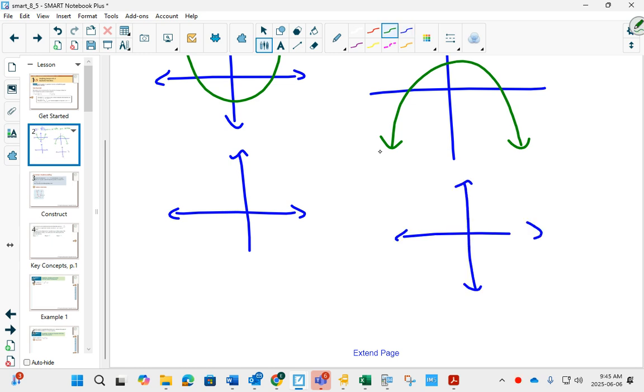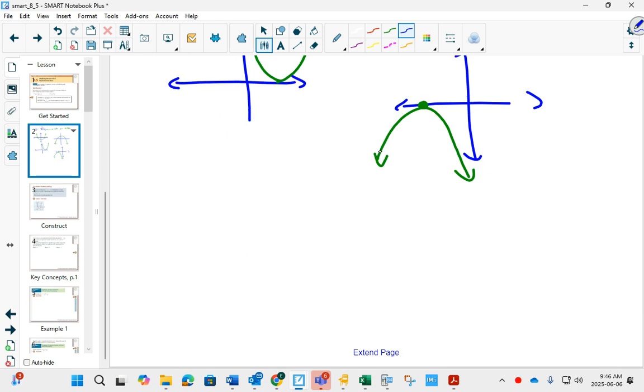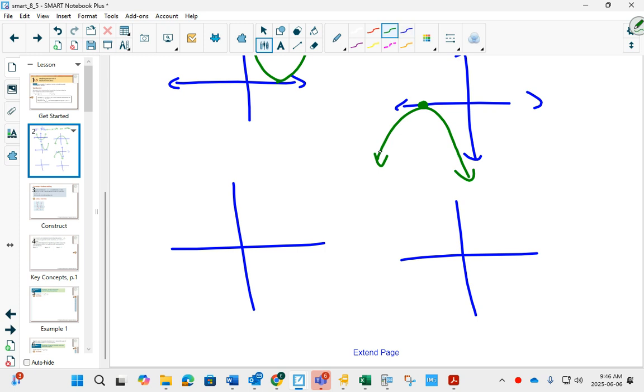Does it make sense that your parabola would have to have its vertex on the x-axis to only have 1 x-intercept, and then you would have only 1 non-permissible value. And it could either be opening up or opening down. And then is it possible to draw a parabola with no x-intercepts? Yes. You could either have one opening up that never touches the x-axis, or one opening down that never touches the x-axis.